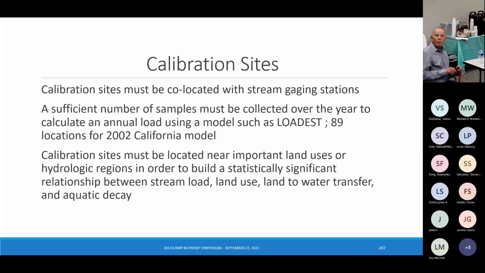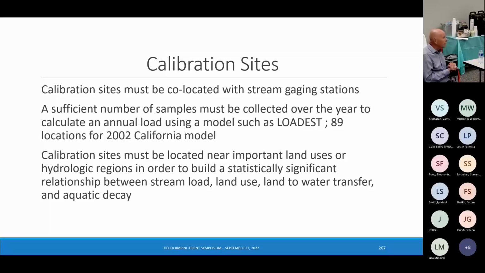All right, so as I said, calibration sites must be co-located with the stream gauging stations. We need a sufficient number of samples collected over the year to calculate an annual load. So one or two samples is not going to cut it. We usually use another model like LOTUS, that some of you might be familiar with, to calculate an annual load.